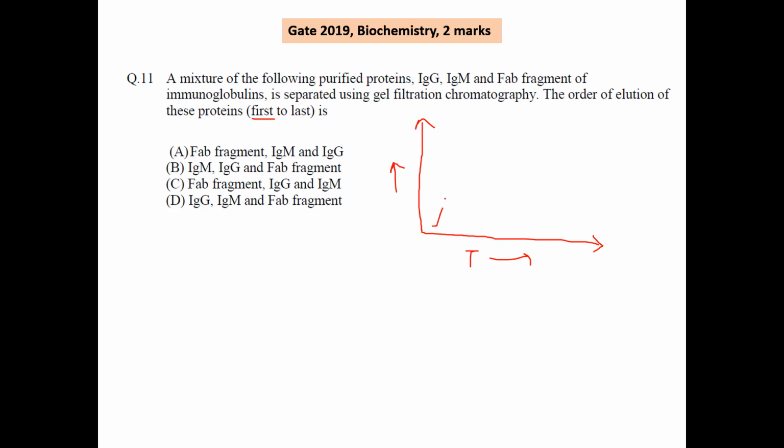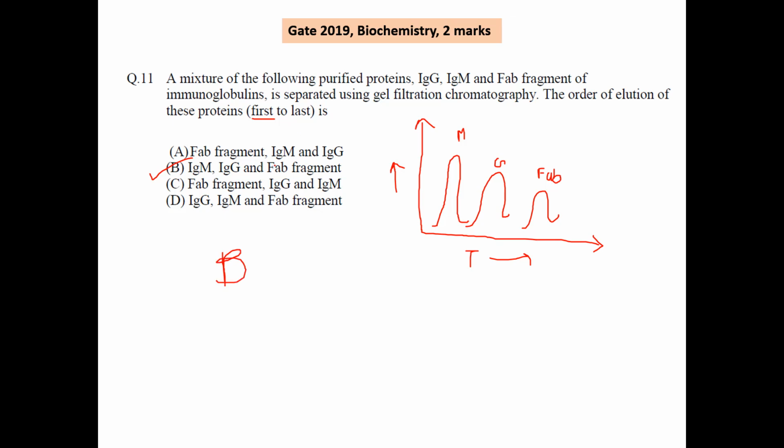The protein which gets eluted first will be IgM because it has the highest molecular weight, and then we will have IgG because it exists in monomeric form, and then lastly we will have the Fab fragment because it is the smallest of all these proteins. So IgM first, IgG second, and Fab fragment third. So the correct option is option B.